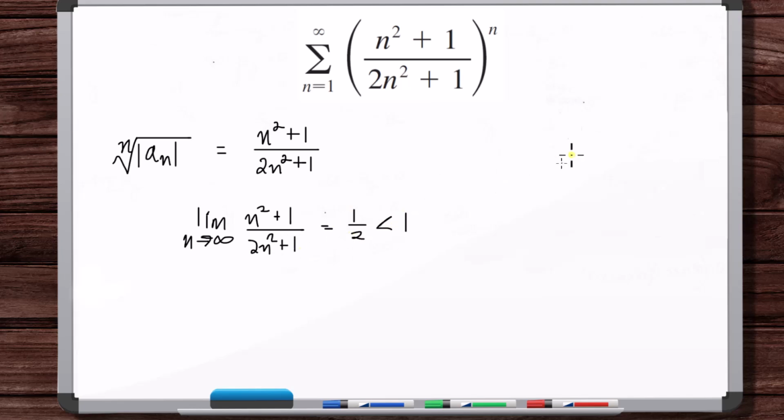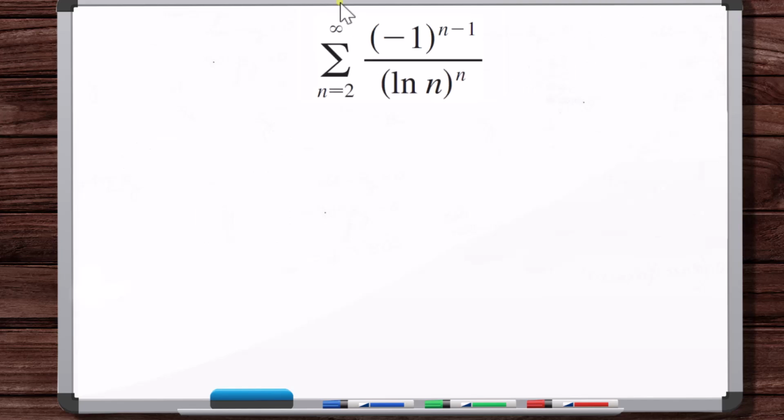That's less than 1. So this is convergent. Okay, the absolute value of this, so the absolute value of a sub n, we can just take this out, it should just be this.